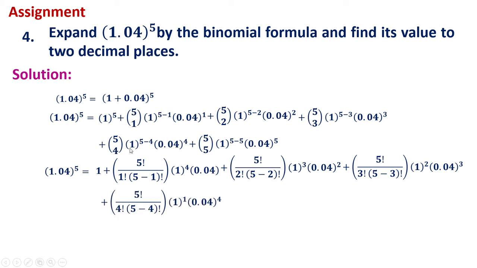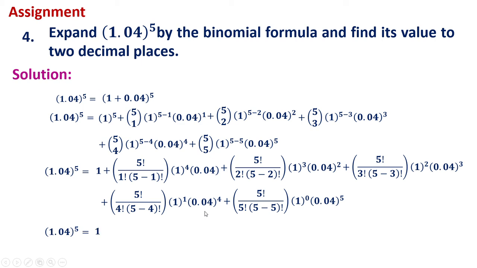Next, positive 5 factorial over 4 factorial multiplied by 5 minus 4 factorial. So 1 raised 1 and then multiply 0.04 raised to the 4th power plus 5 factorial over 5 factorial. 5 minus 5 factorial is 1 raised to 0. 0.04 raised to 5. So this is 1. This is 0 to. And then 0 factorial is 1, di ba? So, ayan. 1 lang yan.